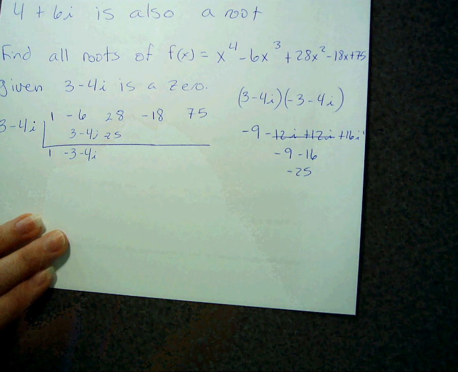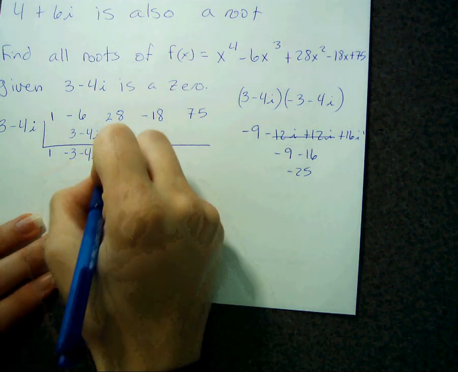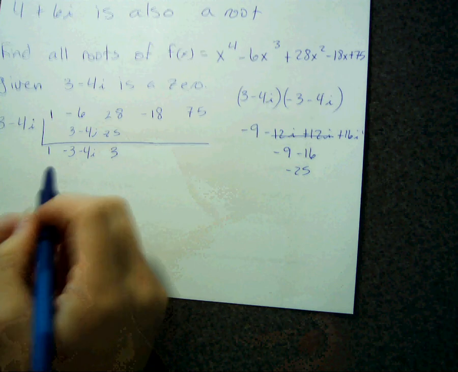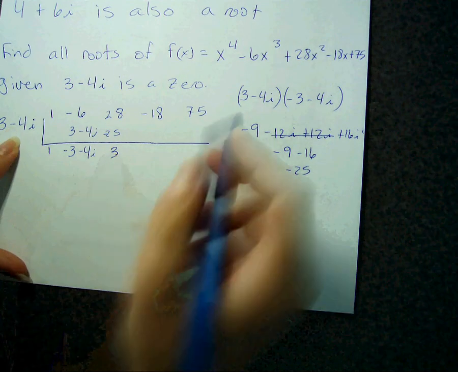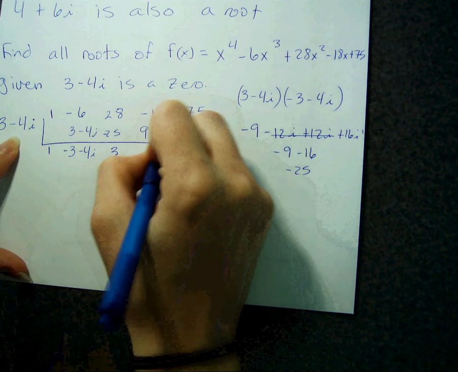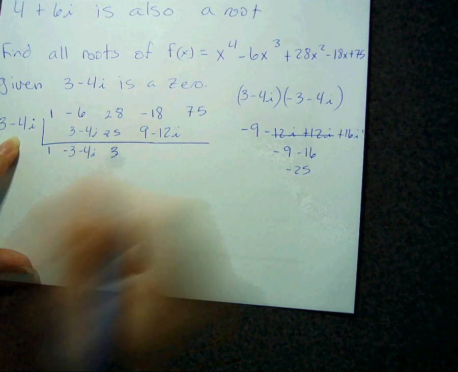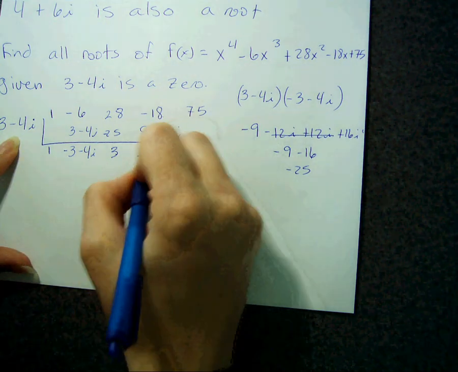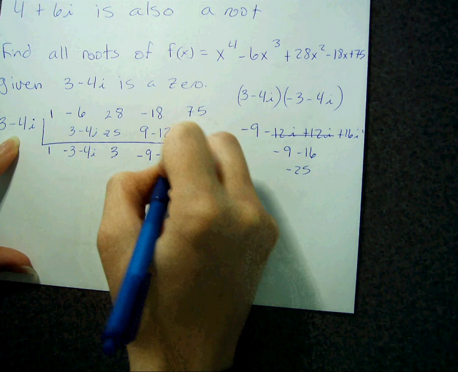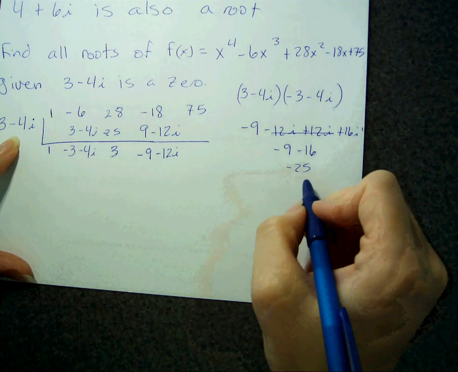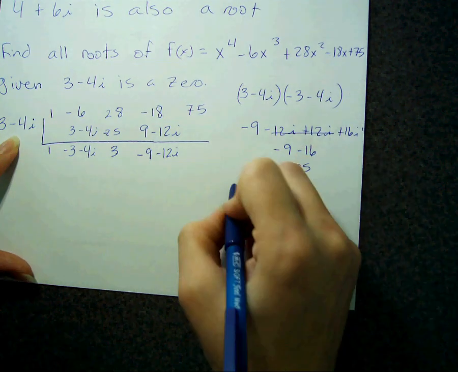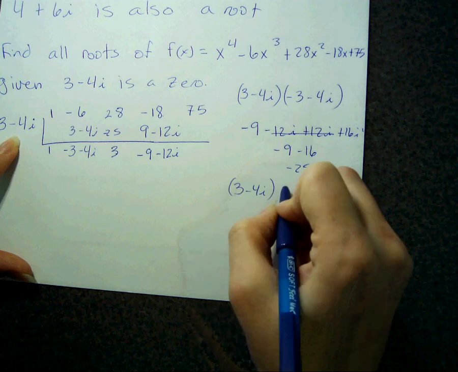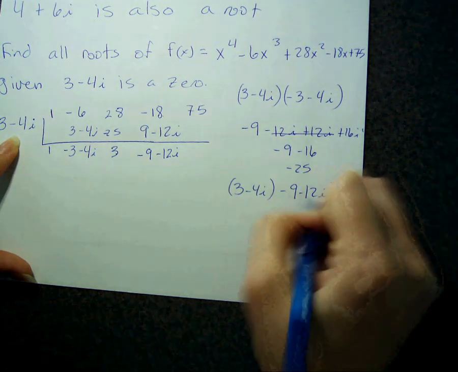28 plus negative 25 gives me 3, and multiply. 3 minus 4i times 3 gives me 9 minus 12i, and add. Negative 18 plus 9 is negative 9 minus 12i. Go ahead and multiply: 3 minus 4i times negative 9 minus 12i.